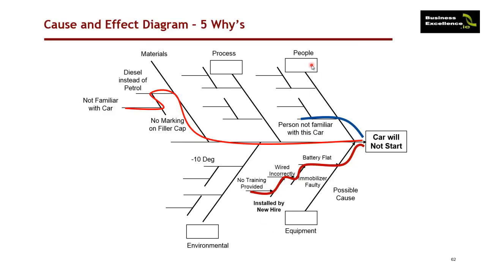It could be people related, maybe because the person isn't familiar with the car and doesn't know how to start this particular car. It could be process related because maybe you have to put your foot on the clutch in this case before you can actually start the car. It could be materials related because maybe we put diesel into the car instead of petrol, which happened because there was no marker, which happened because we weren't familiar with the car.